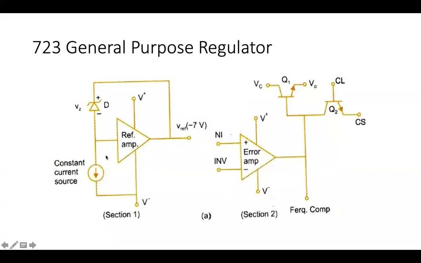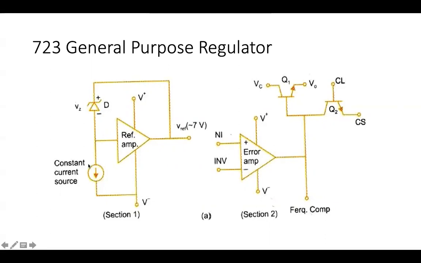In the reference amplifier, you have the diode, which means we are actually using a Zener diode, and you have plus and minus, which is as good as the op-amp, where we are giving plus VCC minus VEE, the same concept here, because it's an op-amp anyway.